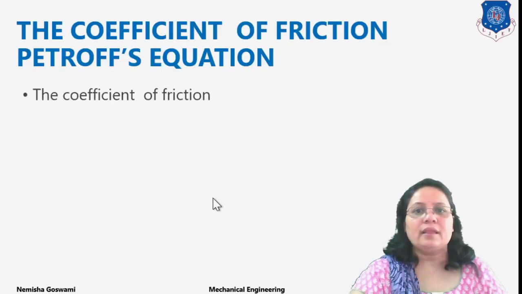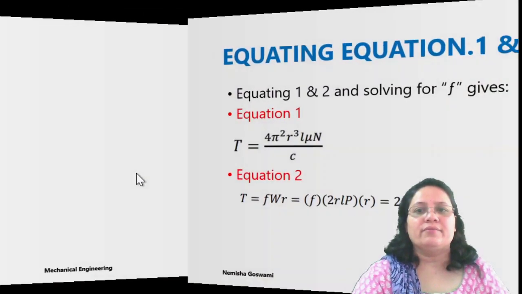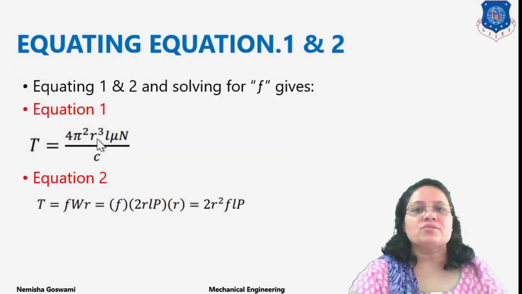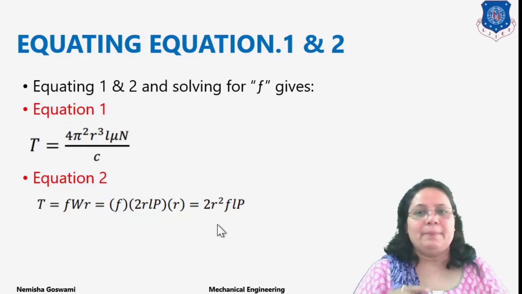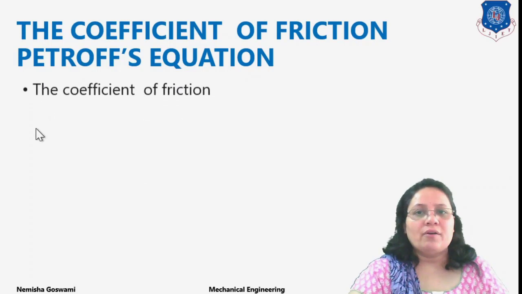By equating equation number 1, this 4 pi square R cube L mu N divided by C should be equal to 2R square FLP, right?